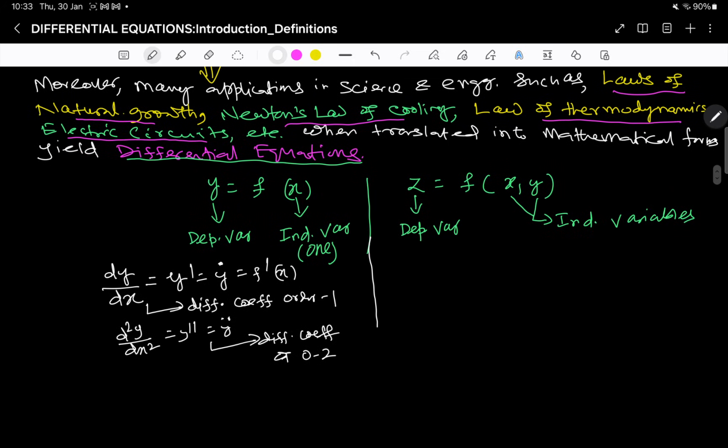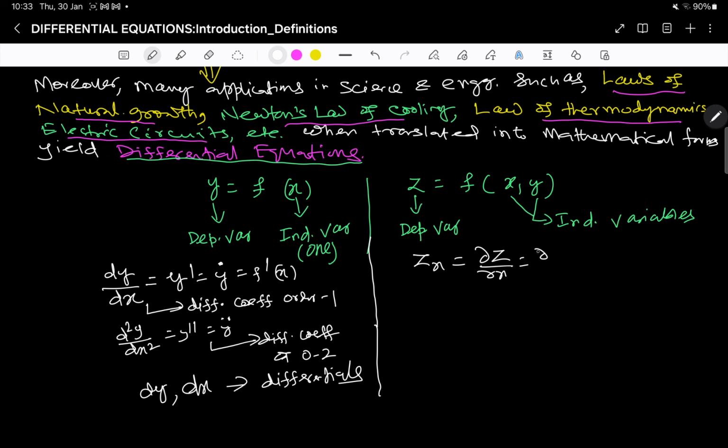Now simply dy, simply dx, these are called the differentials. Likewise, here I find zx, this is del z by del x or del f by del x, or I write it fx.